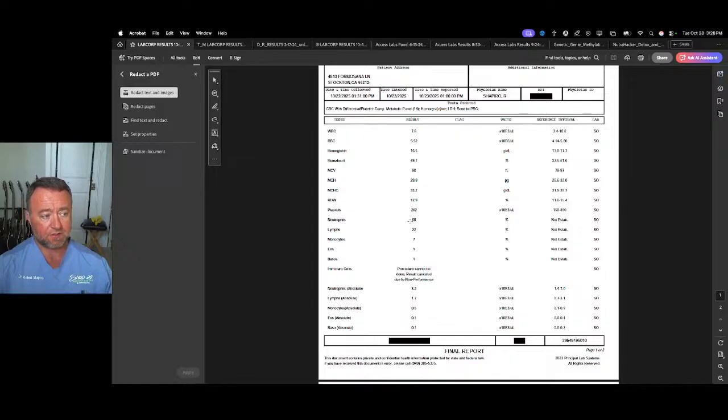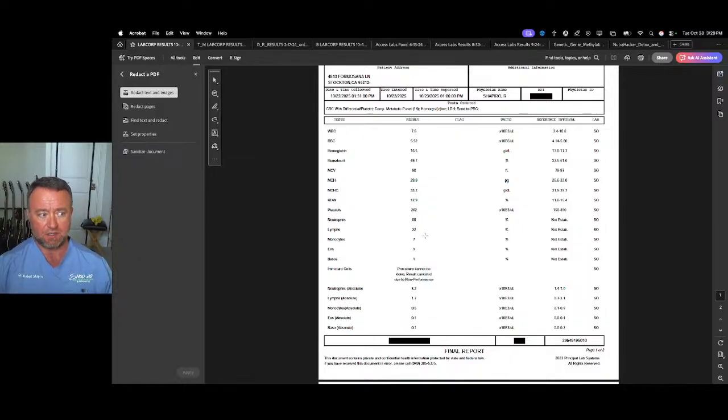Functionally, I like to see, so the neutrophils are the white blood cells that battle bacterial infections typically, or acute injuries. In his case, he had neither that he was aware of. He had no acute injury, and he wasn't dealing with an infection. Sometimes we will see these numbers high in the case of something called dysbiosis, which is an imbalance in the bacteria of the intestines, and that can cause chronic issues down the road.